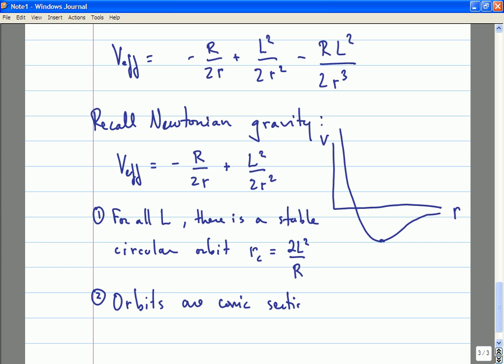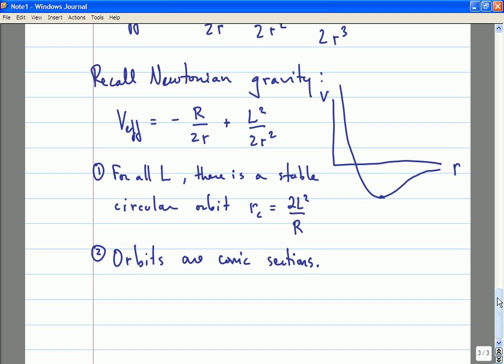So, for example, the orbits of planets are ellipses or circles, which all come back to each other and repeat ad infinitum. And there is an angular momentum barrier which repels us from the origin at r equals 0.